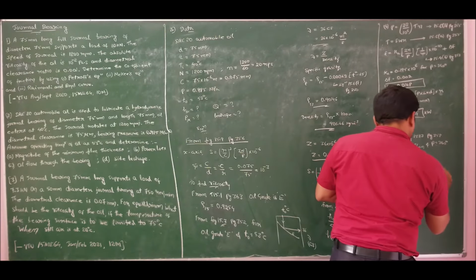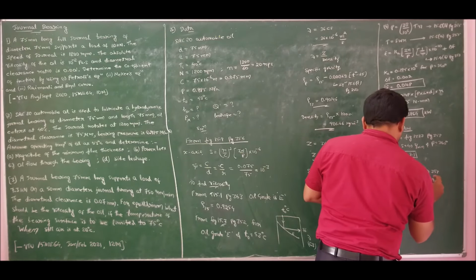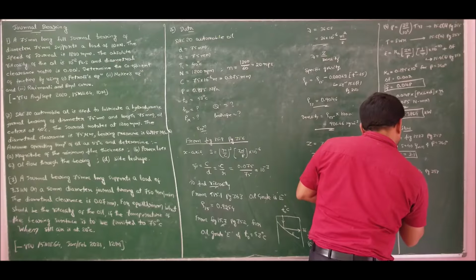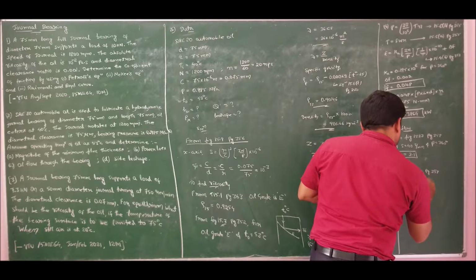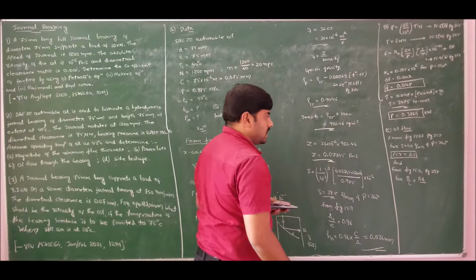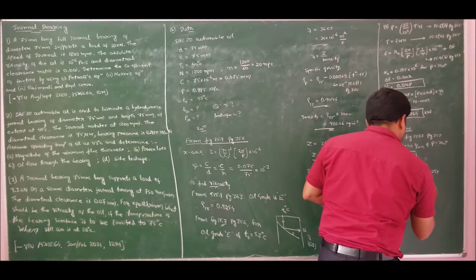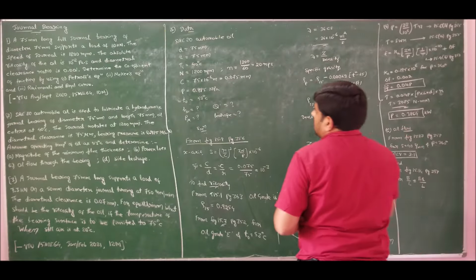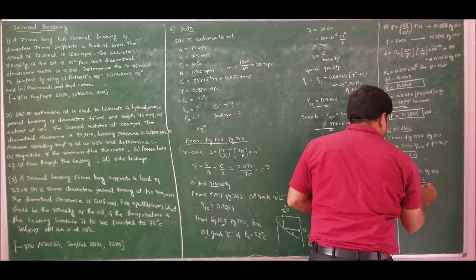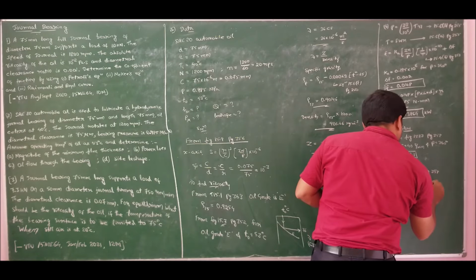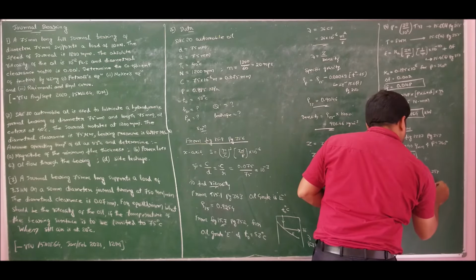358, we will get the flow correction factor KQ for B by L. B is pi d, the length along the direction of rotation, so B by L is equal to pi d by L. Here diameter and length are the same, so I can cancel off L and D, hence B by L is equal to 3.14.